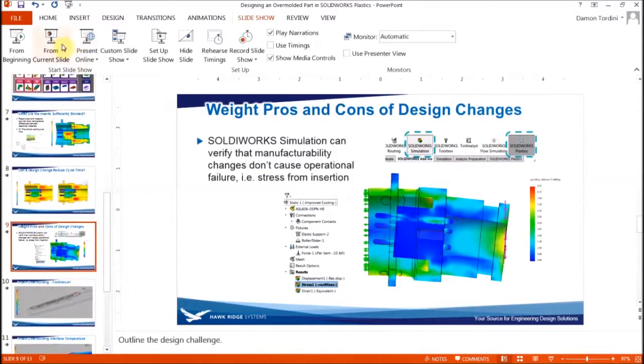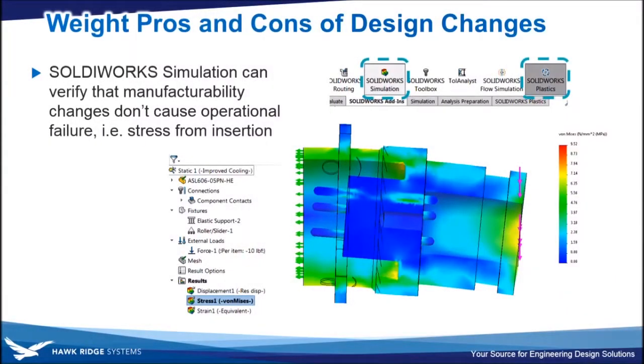Now, the other thing that I might want to know is, if I'm making these changes that affect the manufacturability of the part, what about the operation of the part as well? And of course, that is the benefit of staying inside the SOLIDWORKS interface with all of the other capabilities and simulation tools that SOLIDWORKS has.